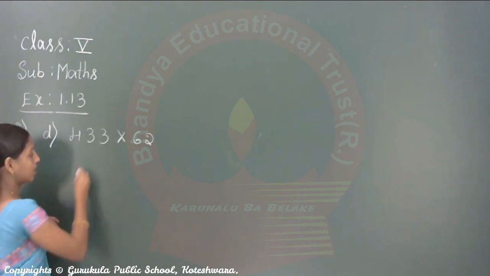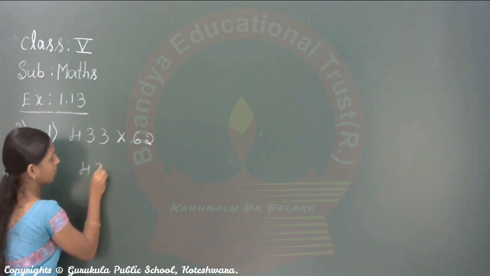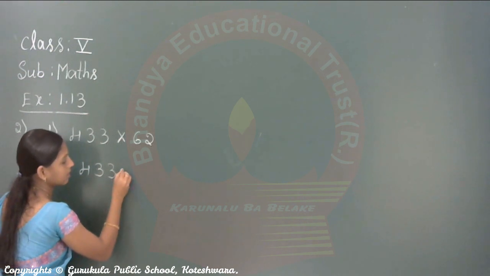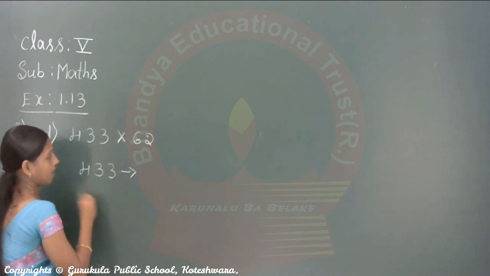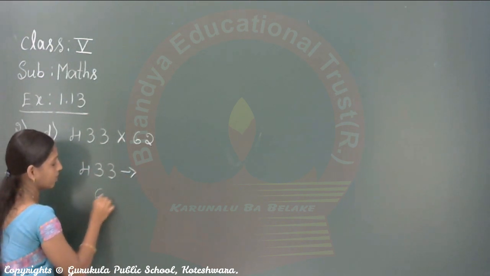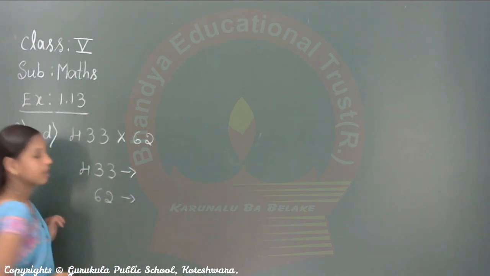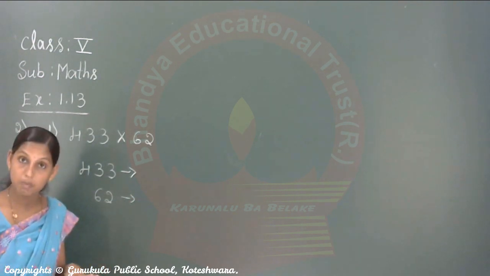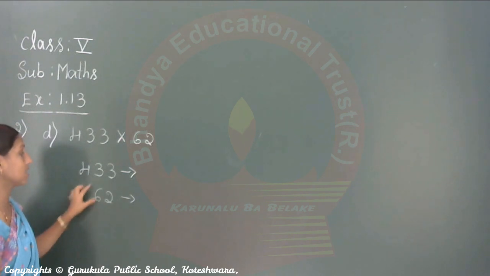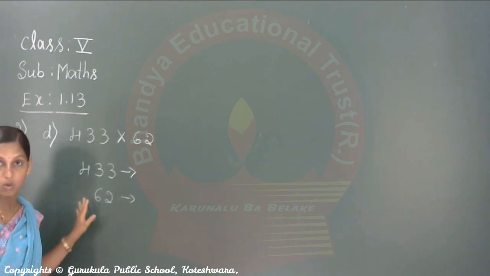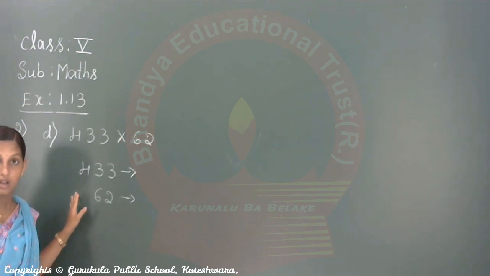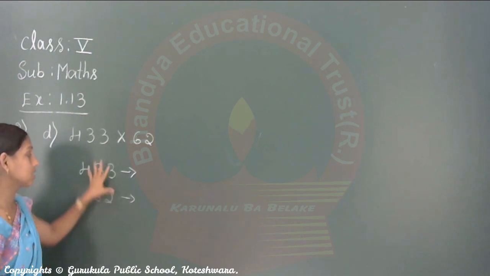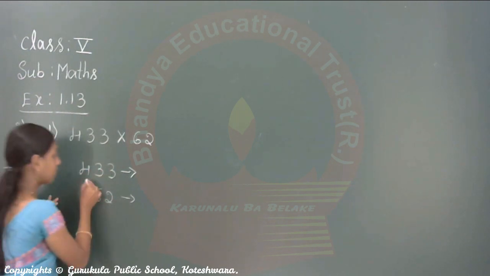What is the difference? See, 433 and 62 we need to estimate. Here in multiplication, you need not see the smallest place value.